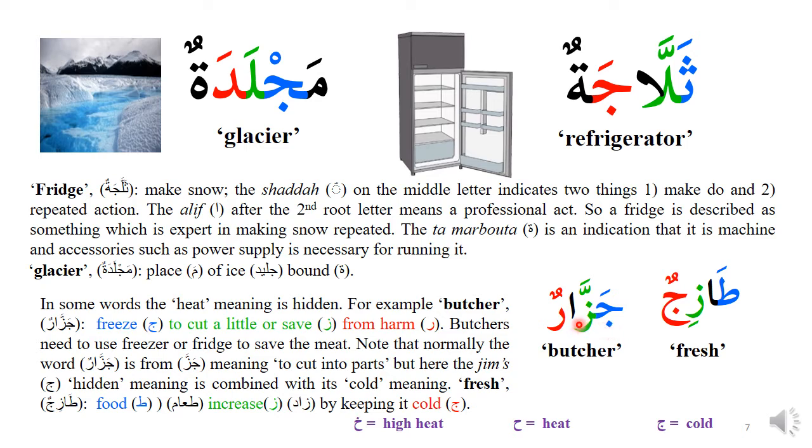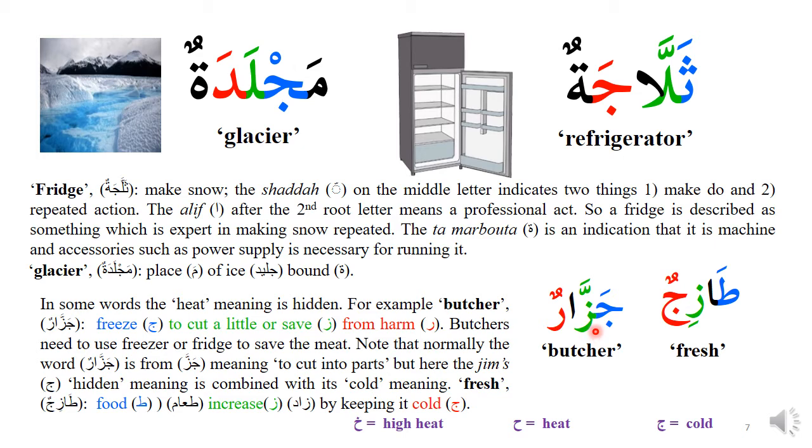The butcher needs a fridge, or a big fridge actually, to preserve the meat. The root letter is Jazza, which means to cut in pieces. So something gathered and you cut. This Za has the meaning of cutting a little, cutting little pieces with certain measure.